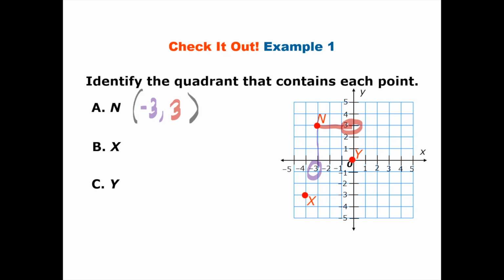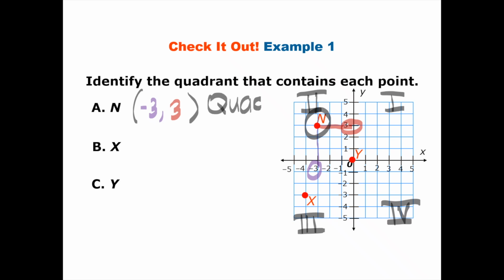Now it wants us to identify what quadrant that is. So when we're thinking of our quadrants, remember we have the first quadrant, the second quadrant, the third quadrant, and the fourth quadrant. So point N, we can see, falls in the second quadrant, or quadrant 2.